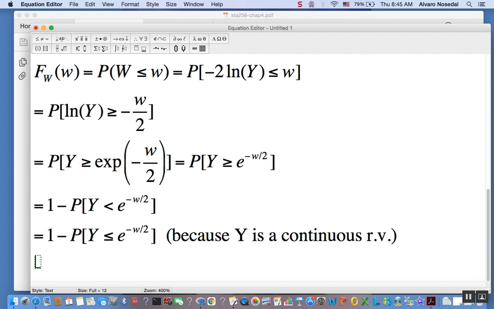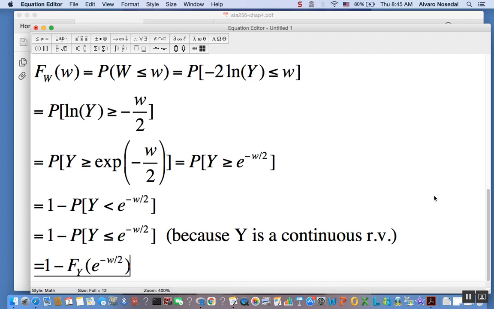Now, this is just the definition of the CDF of Y, right? The probability that Y is less than or equal to some number. So this guy here is just the CDF of the random variable Y, the original one, evaluated at that point, e to the negative w divided by 2.